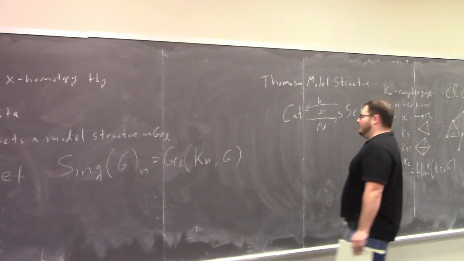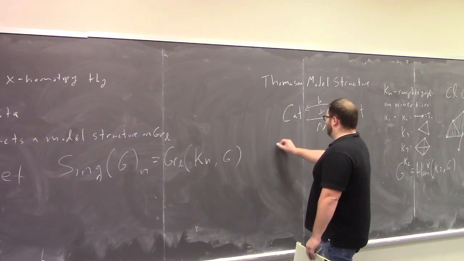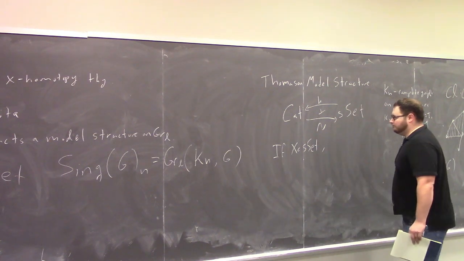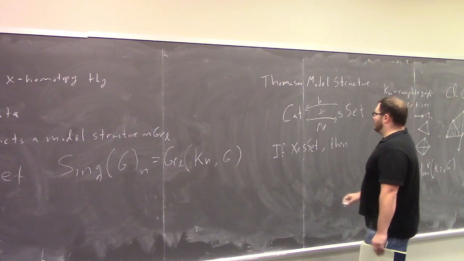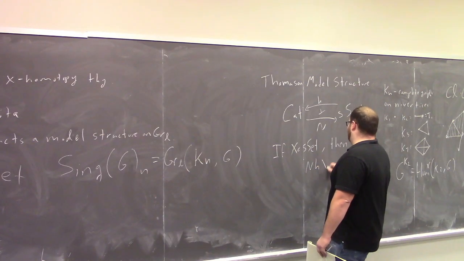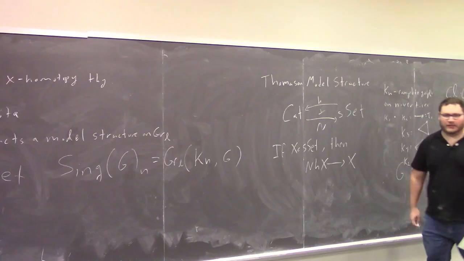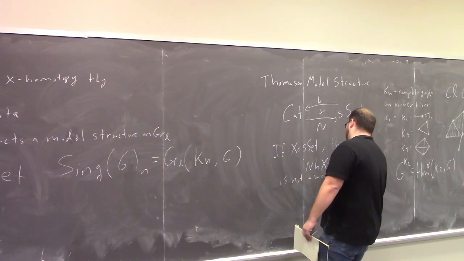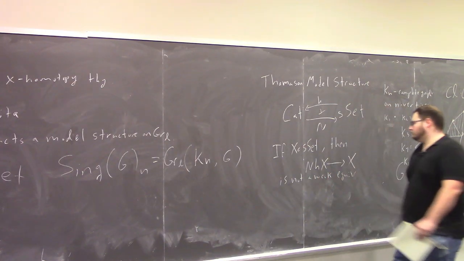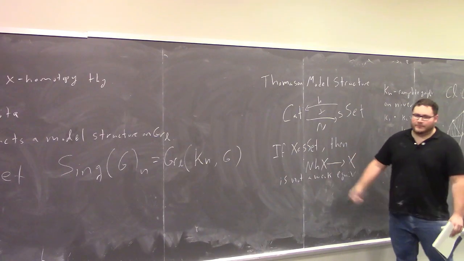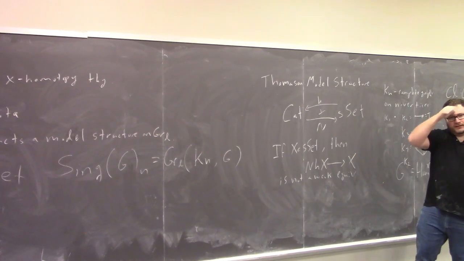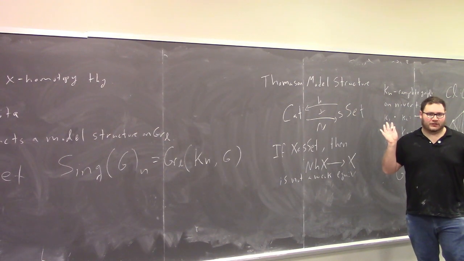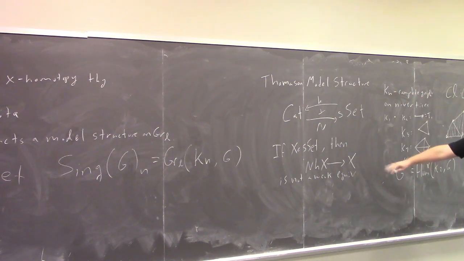So the basic idea is this kind of incredible fact. If X is a simplicial set, then the counit is not a weak equivalence in general. Because you can imagine, you take a big simplicial set and you crush it down using this homotopy category construction, and then you take the nerve of that thing. You've lost information, right? This is not a weak equivalence.